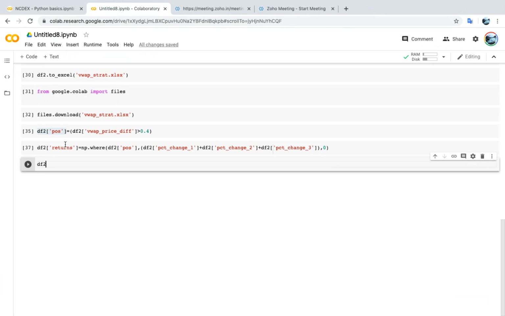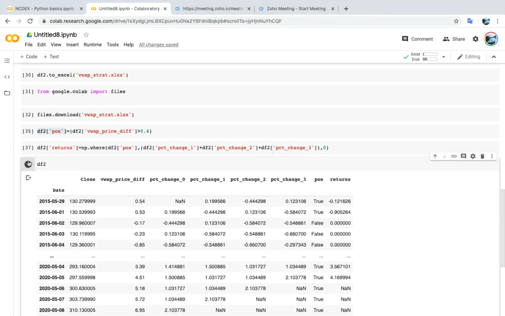Let us first see how it looks now. Wherever the position was true, it is calculating the returns for the next 3 days. Otherwise it is 0. Yeah, this is what we wanted.